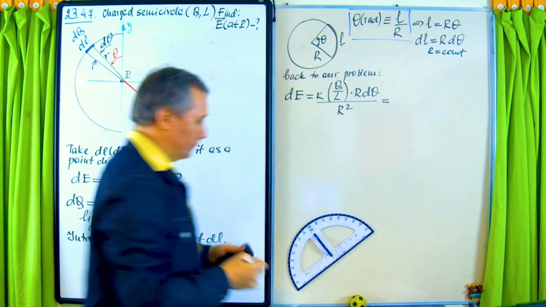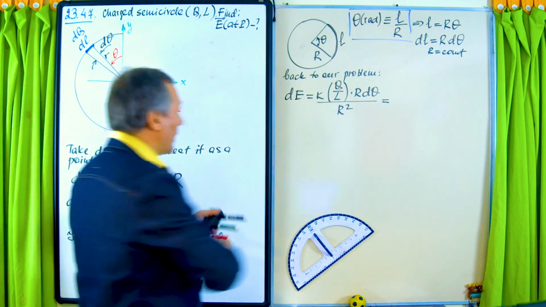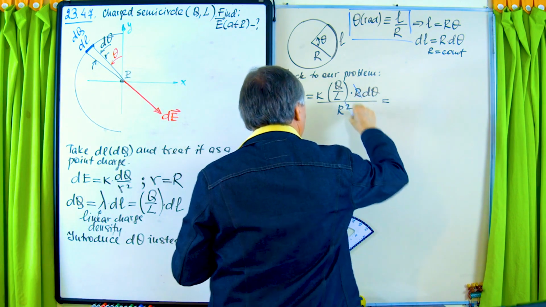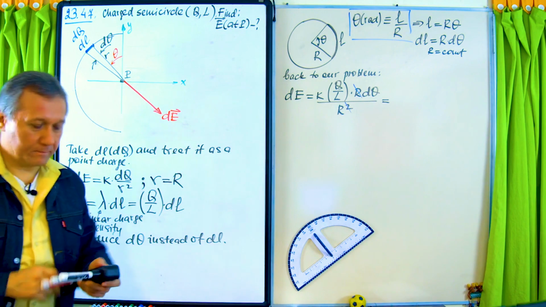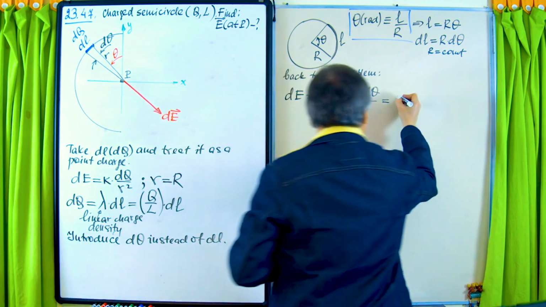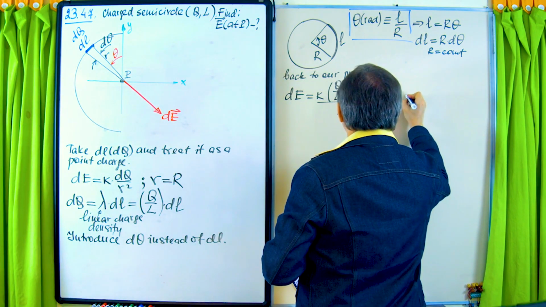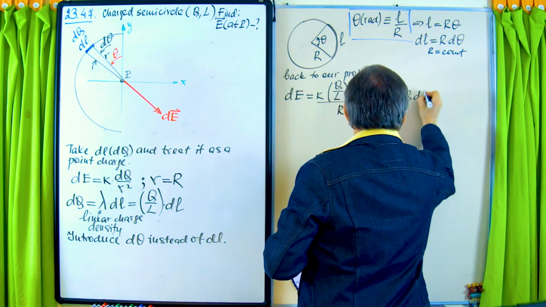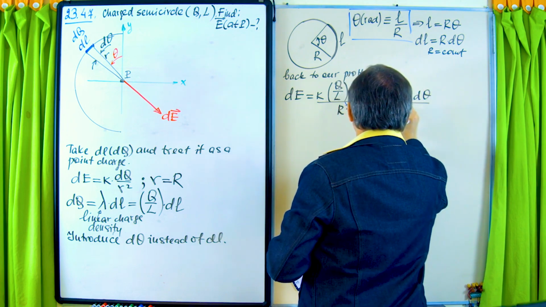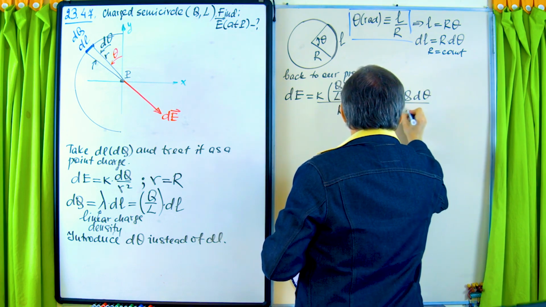Of course, one r can be canceled, and as a result we're getting k q d theta divided by r times L.